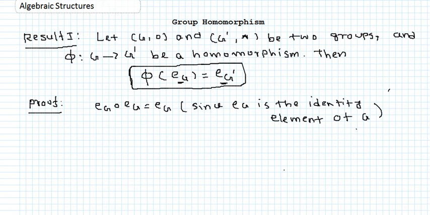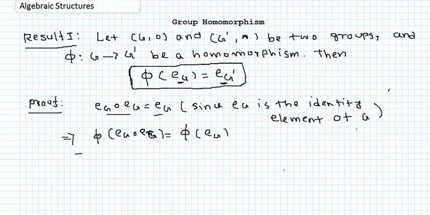Now phi is a homomorphism, so we take the mapping. Because this quantity is equal to this quantity, phi of EG composed with EG is the same as phi of the identity element. They are the same, so their function values map to the same element.